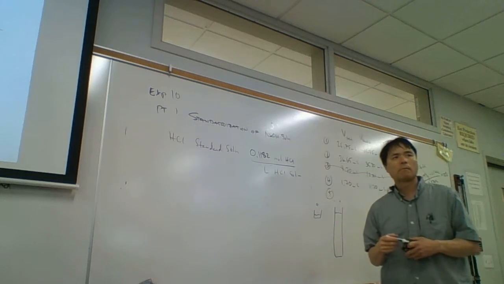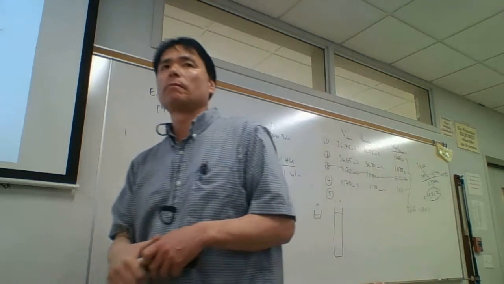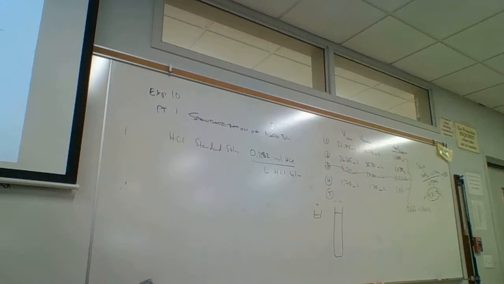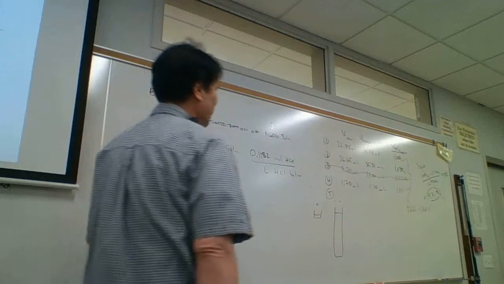I don't know if I made the calculation wrong, but I didn't do it in decimal. When I was doing my calculation, I kept it in fraction form. And then I got 0.0382.